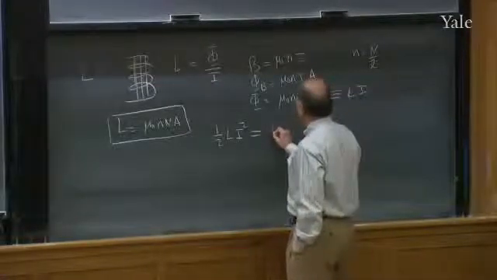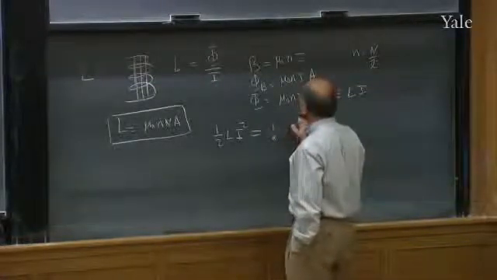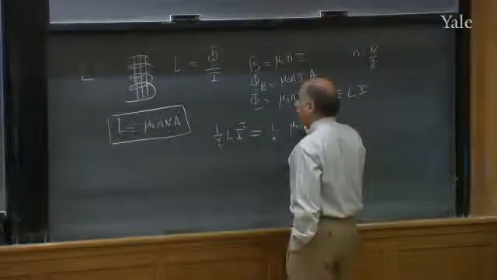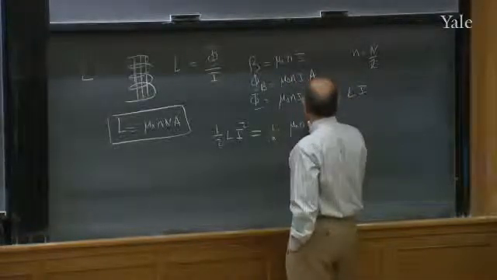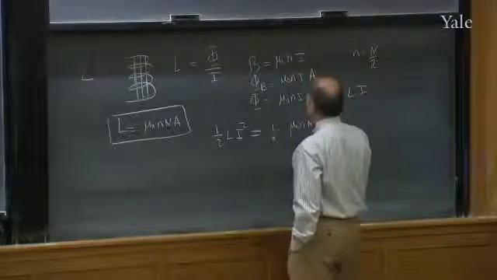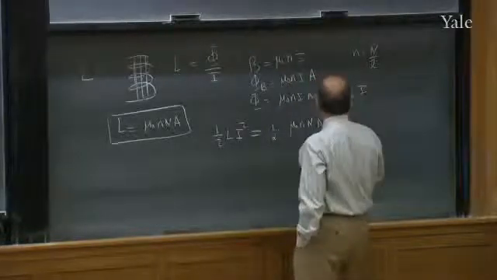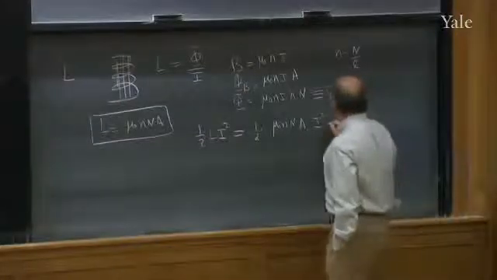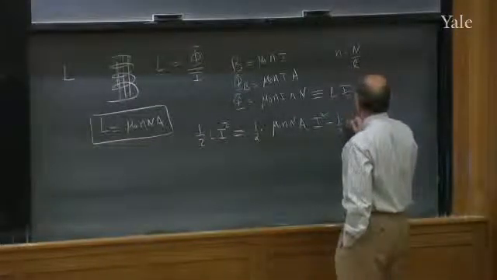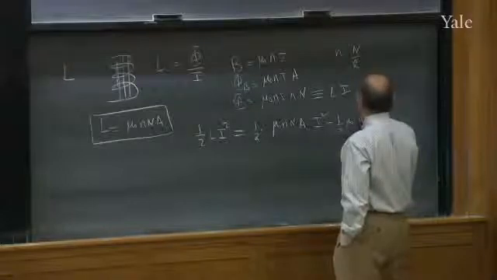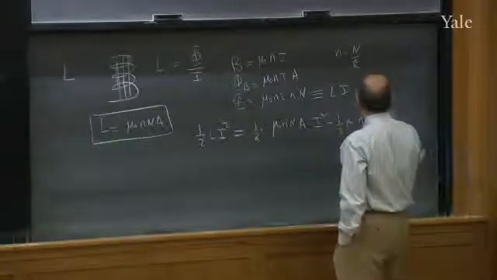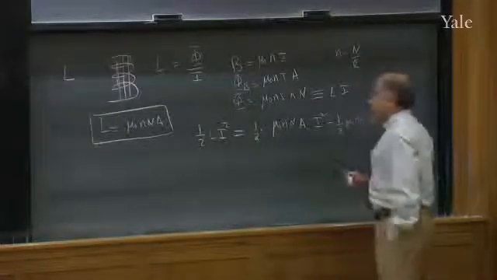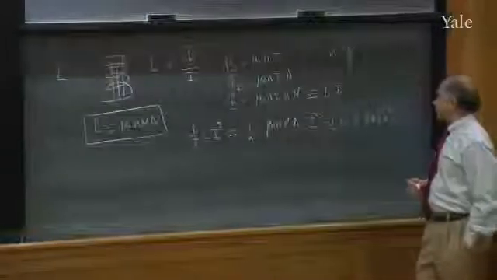You got 1 over 2. L is mu 0 little n big N A, times I squared. So let me rewrite that as 1/2 mu 0 n squared times L A times I squared.